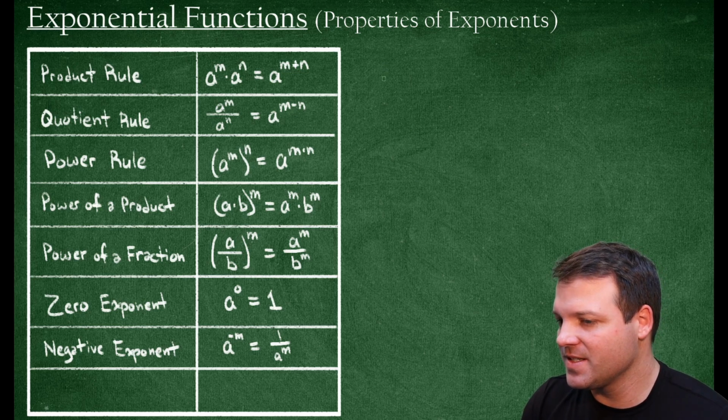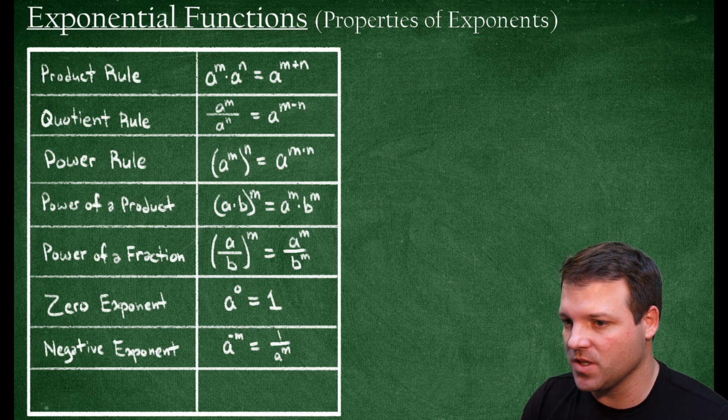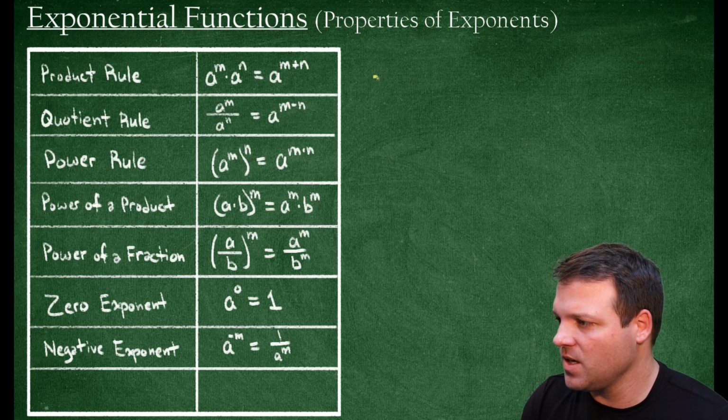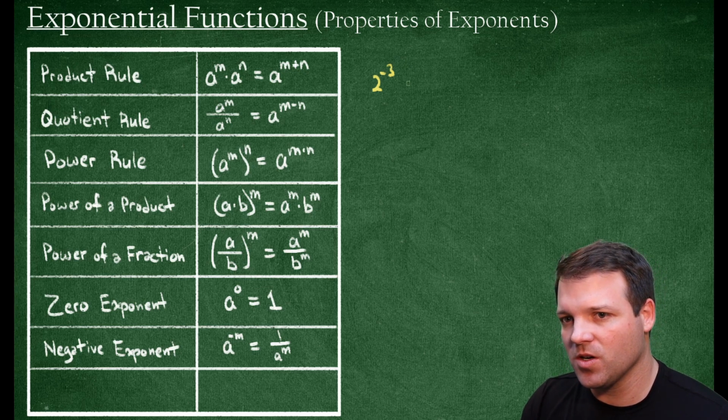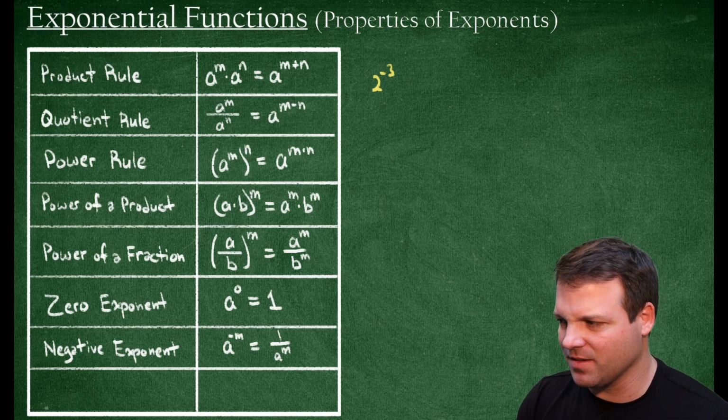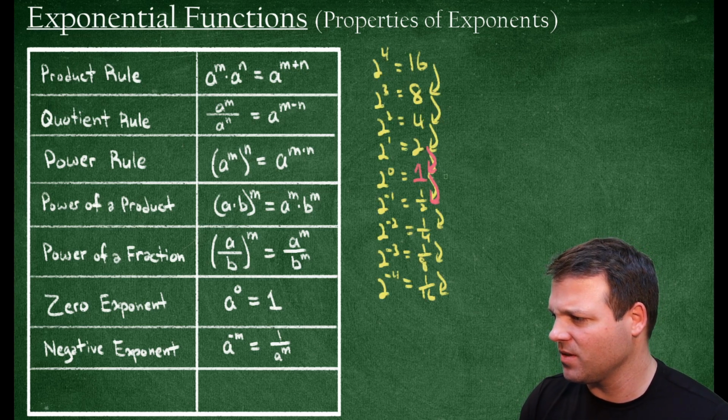So for example, let's use real numbers here, just so that we have something that we can calculate. Say, for example, if I wanted to figure out what 2 to the negative third was, well, let's start with 2 to the positive 3. Actually, hold on, let me bring this back up here. So we already have this work.